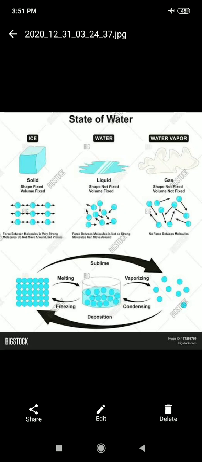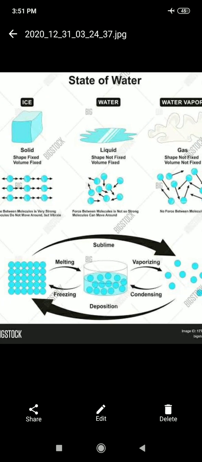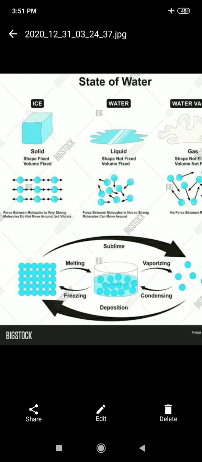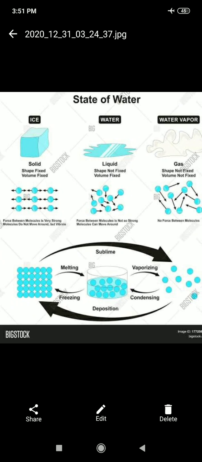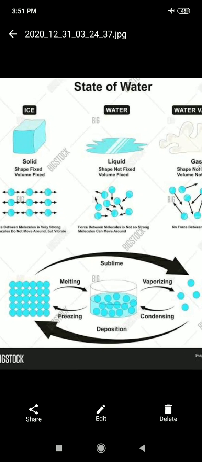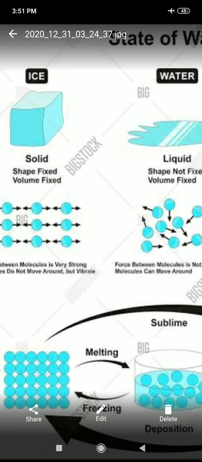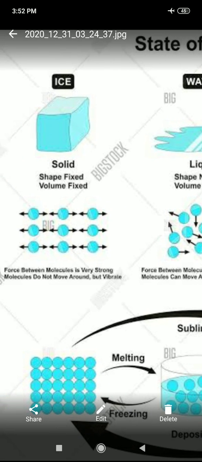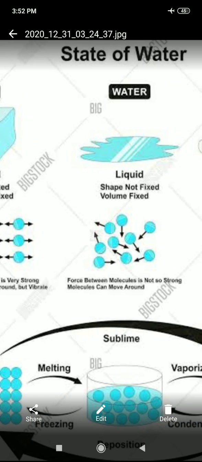Next, here you can see in the picture: solid, water, water vapors. In solid, the particles are very tightly packed, and when they change to water, they are apart from each other.